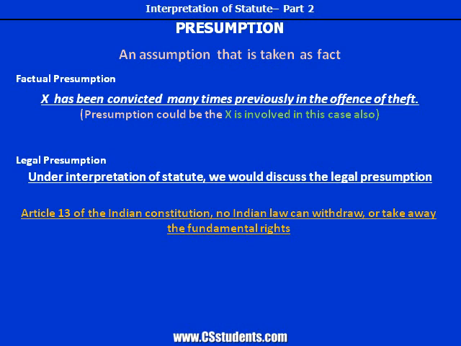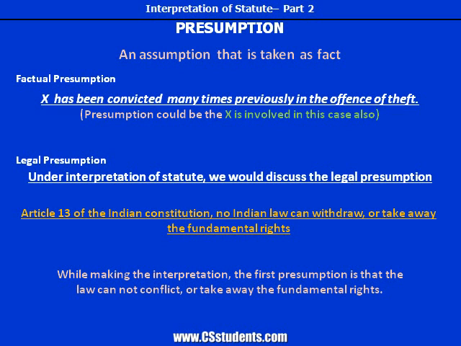So, while making the interpretation of any law, the first presumption to be made is that this particular law cannot conflict or take away the fundamental rights. Means, if there are two choices of interpretation of the same law, and one of those interpretations is contrary to the provisions of fundamental rights, the judge definitely cannot take that interpretation. This was the example of legal presumption.